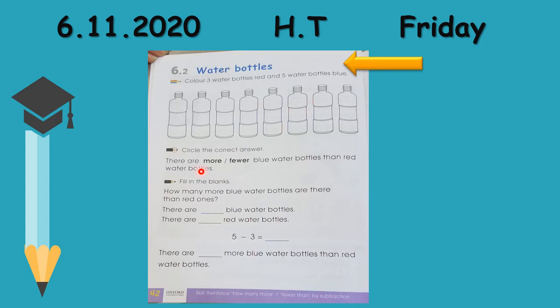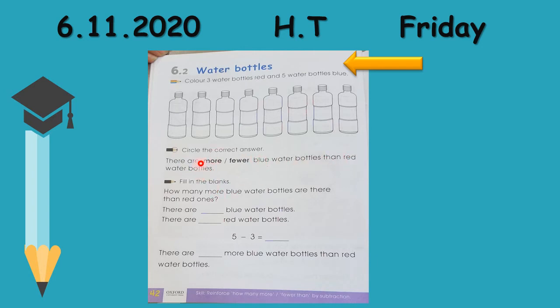You colored 3 bottles red and 5 bottles blue. So which one is more, blue or red? Excellent, blue. There are more blue water bottles than red water bottles.